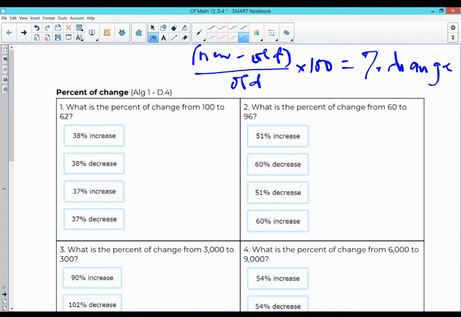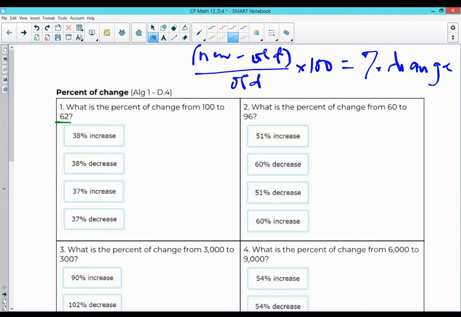So what is the percent change from 100 to 62? Okay, so the way we would set this up is we would do 100 minus 62 divided by... I did that wrong, huh? Okay. New minus old divided by old.